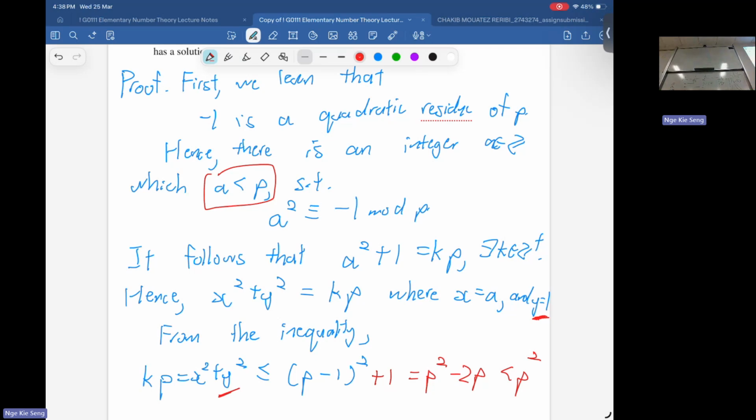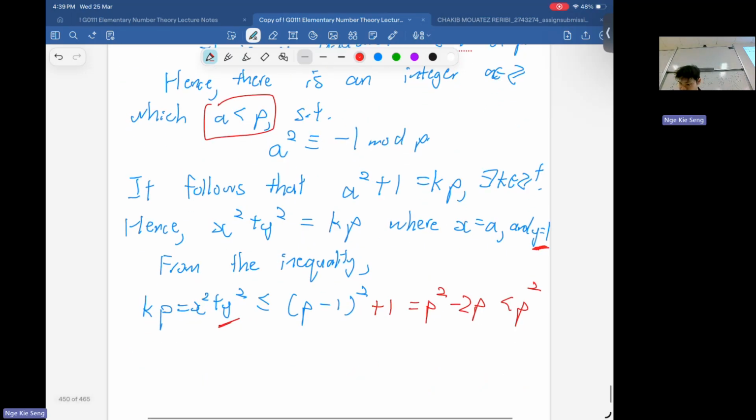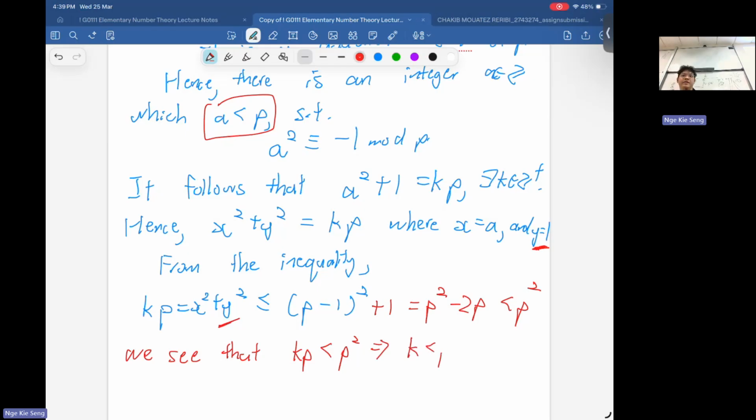So you get kp less than p squared. Cancel p on both sides, so k is less than p. So kp less than p squared implies k less than p. Does it make sense?